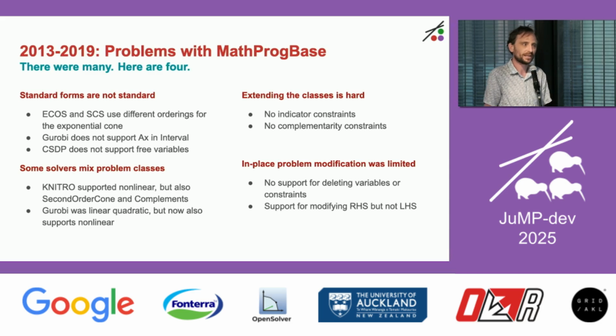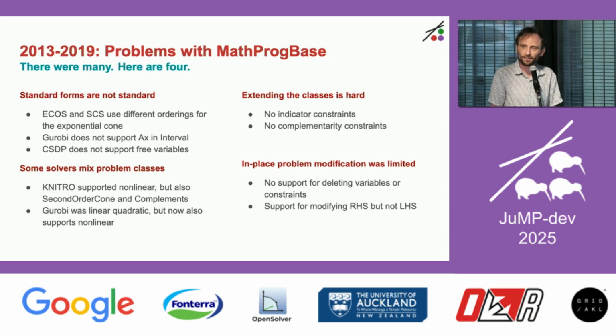Gurobi supports affine constraints, or linear constraints, with a lower bound and an upper bound. But when they add that, you have to add it via a special API and introduce this intermediate variable, and it mucks up the order of the variables. So it's easier for Gurobi.jl not to support bounded linear inequalities. CSDP doesn't even support adding a free variable. It can only support adding non-negative variables.